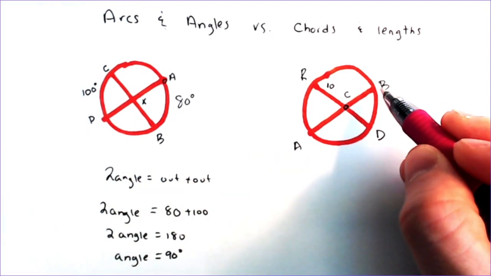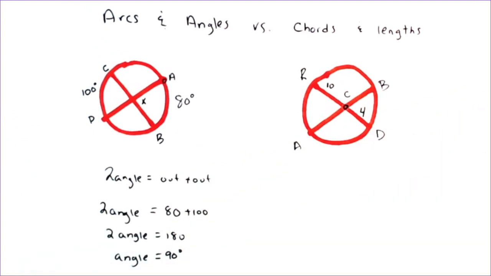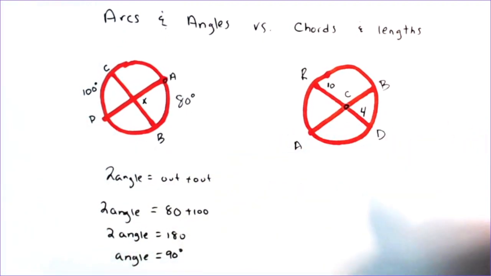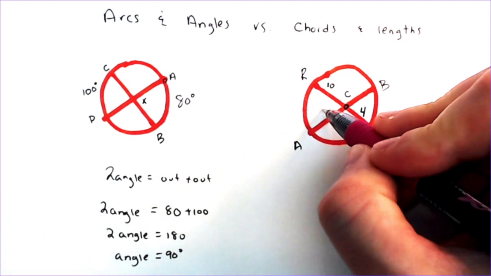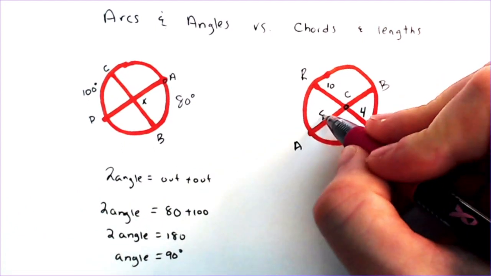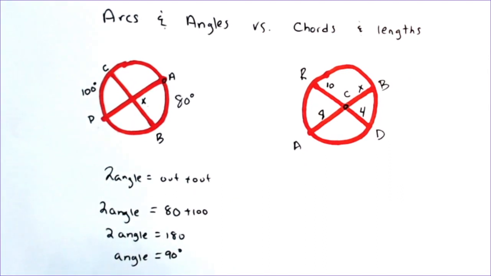And let's say that we had C to D as 4, it looks a little shorter. And AC, let's call it 8. And I want to find C to B.